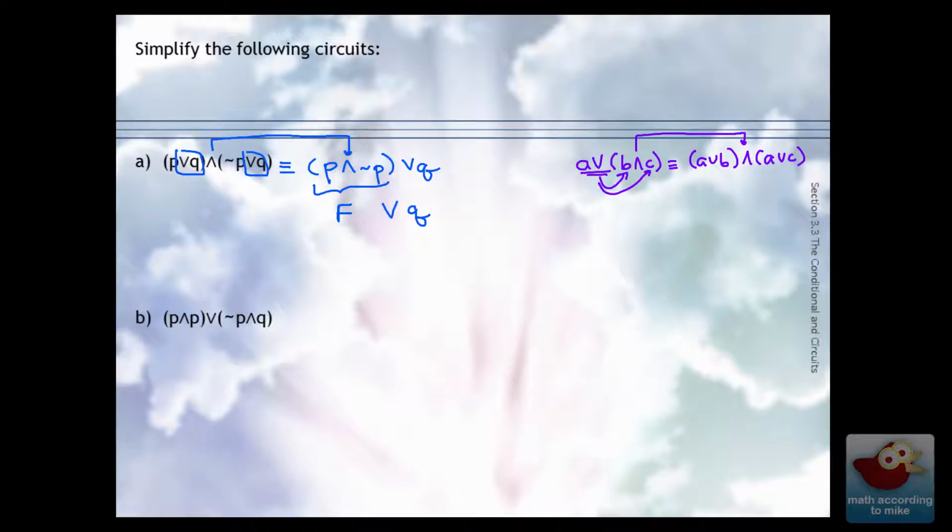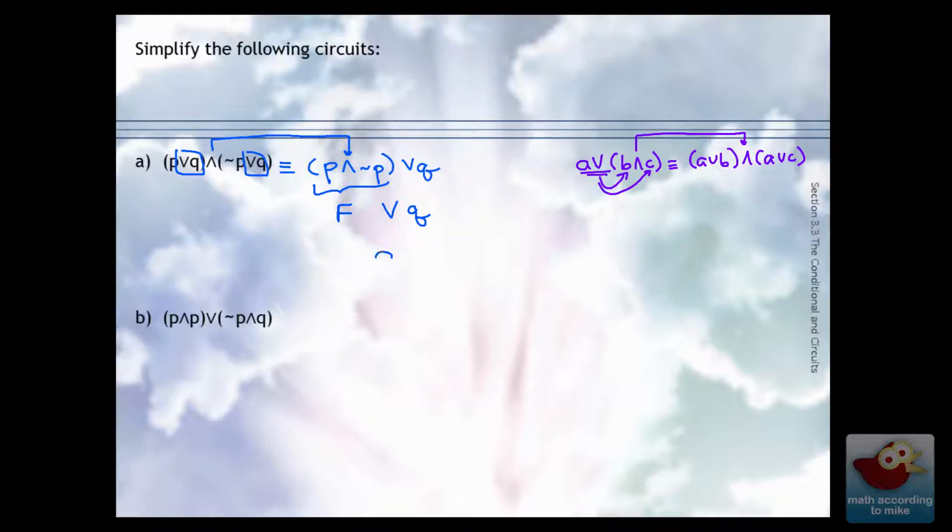or Q. Well, in order for this to be true, an or statement is true if either part is true. Well, the first part is false, so we can't rely on that one. So then we have to rely on the second piece, which is Q. Well, false or Q will be true only when Q is true.